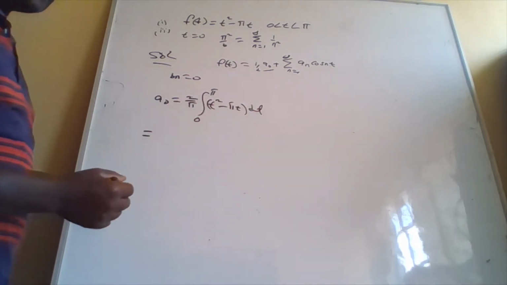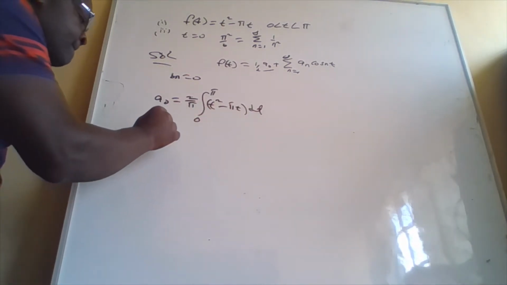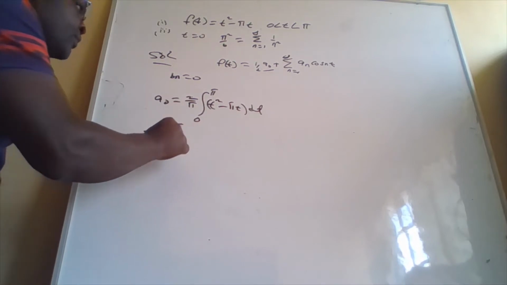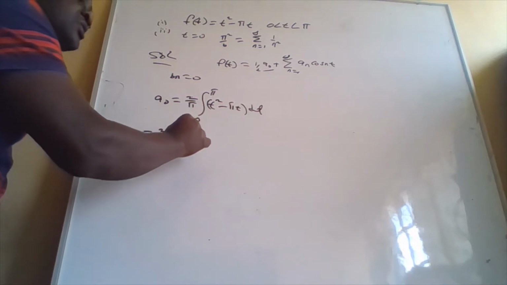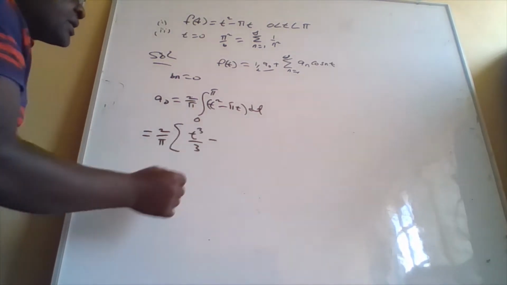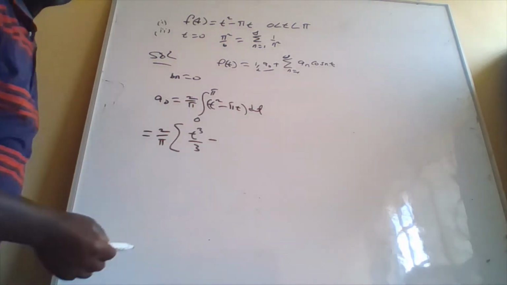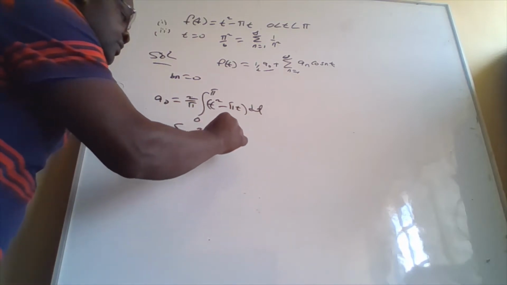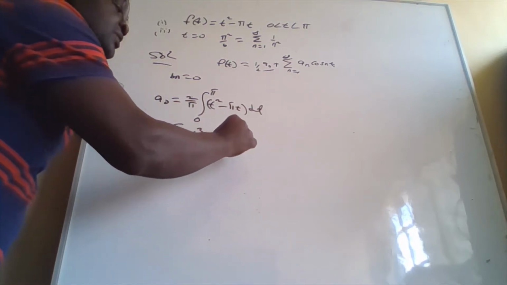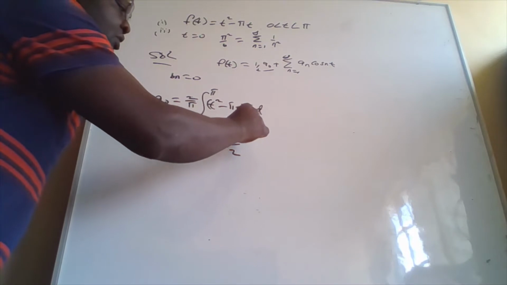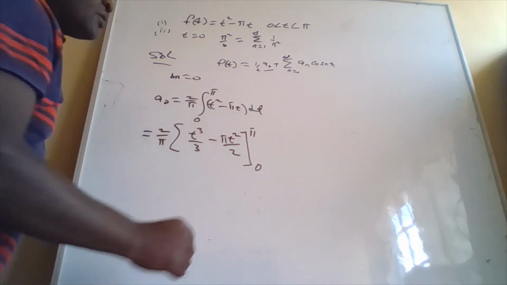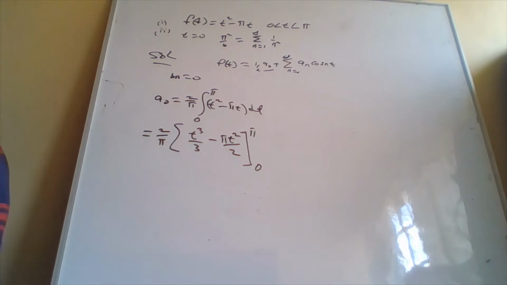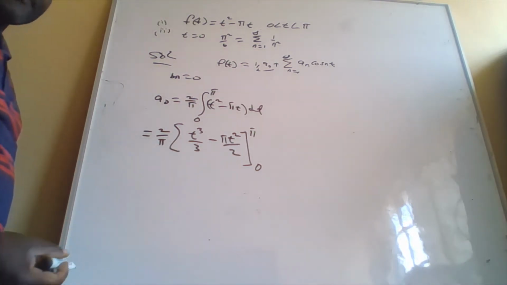So we integrate this. When you integrate t squared, you get t cubed over 3, minus, when you integrate pi t, you get pi t squared over 2. And of course, we have the upper limit pi and lower limit 0. We now insert in the given limits.